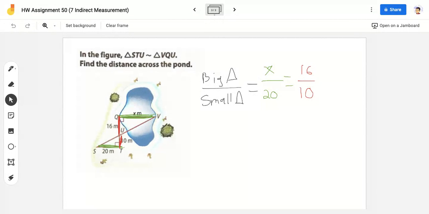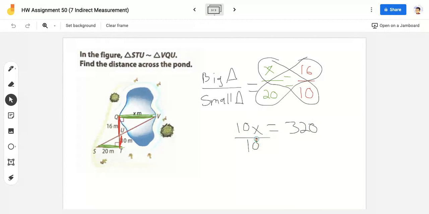Well, let's use our cross product. We'll be getting 10x is equal to 20 times 16, which is 320. Divide both sides by 10. x is equal to 32 meters. And that would be the length of the pond, the distance across the pond.